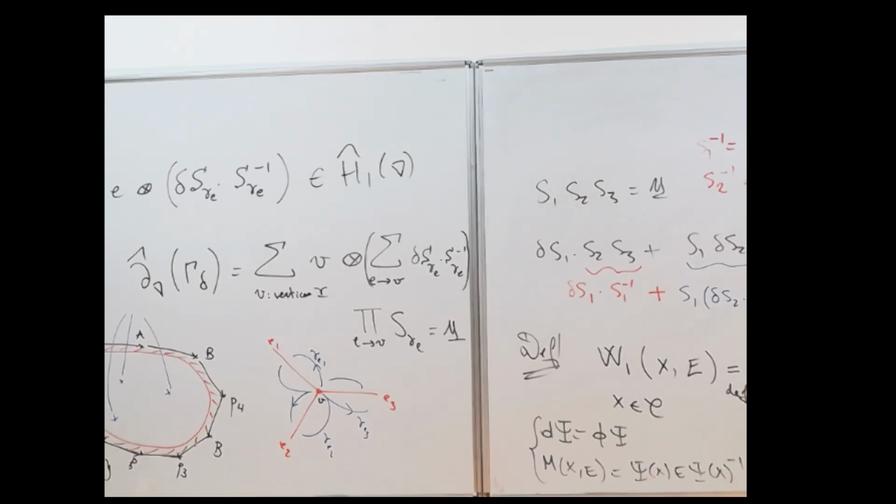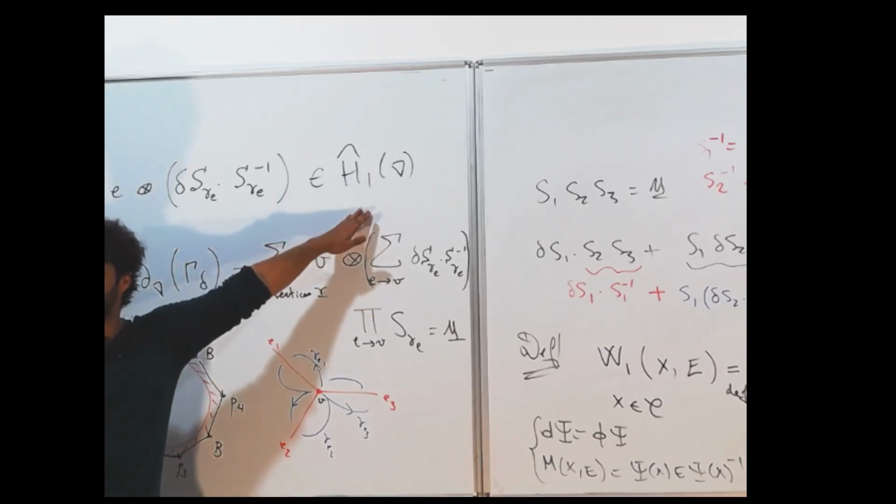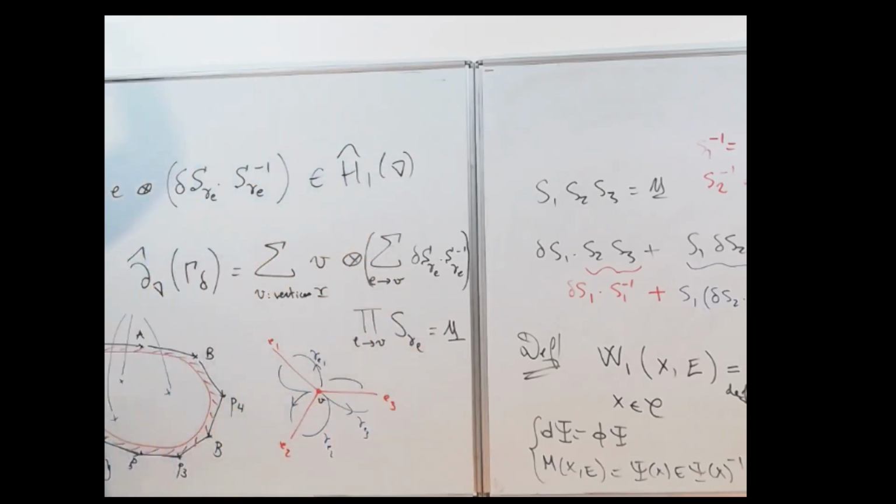Because this would then define a map from the deformations of the setup of the quantum spectral curve into the space of cycles, the H1.